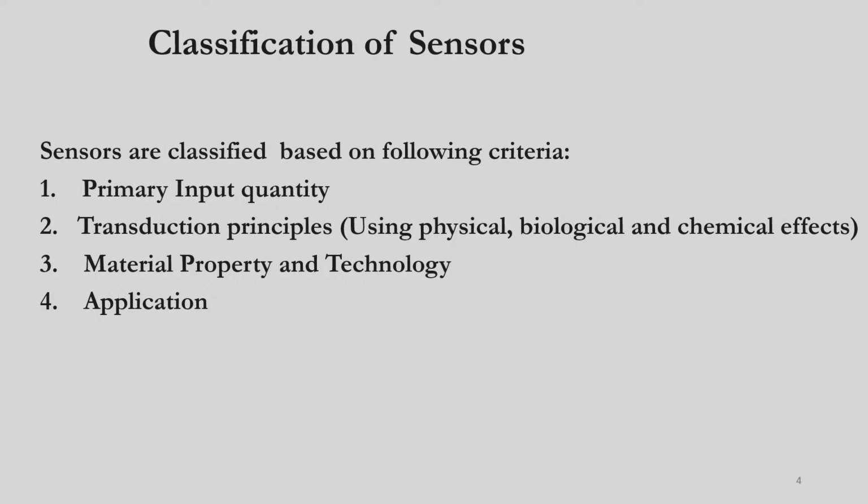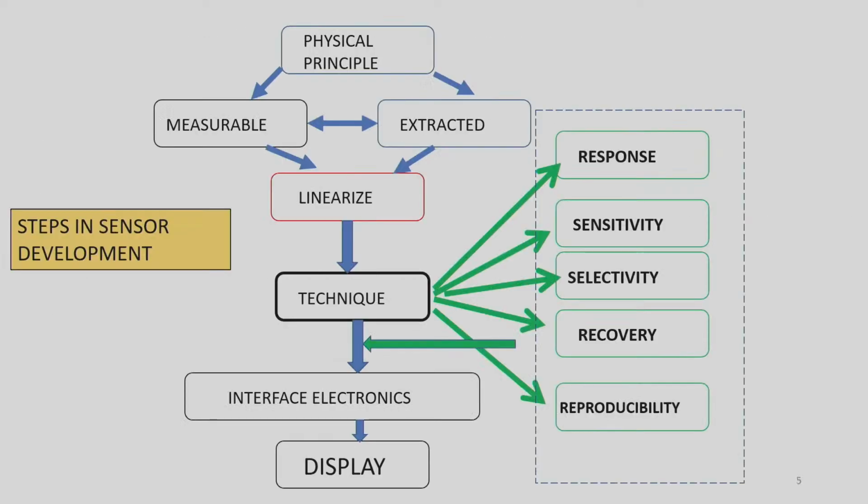Of course, you also need to look at the applications. For example, what we are doing now is a sensor to measure a particular quantity. Now, there are several steps in the development of a sensor. The first is, of course, you need to know the physical principle based on which you're trying to develop this.